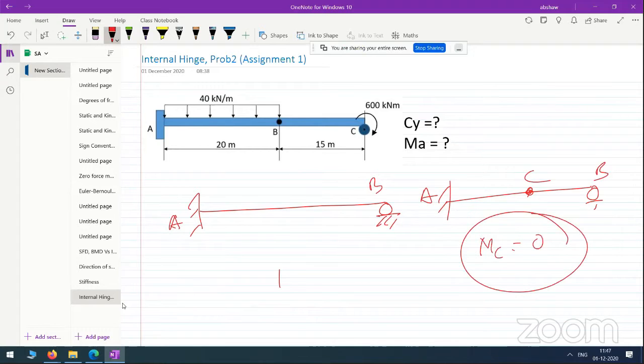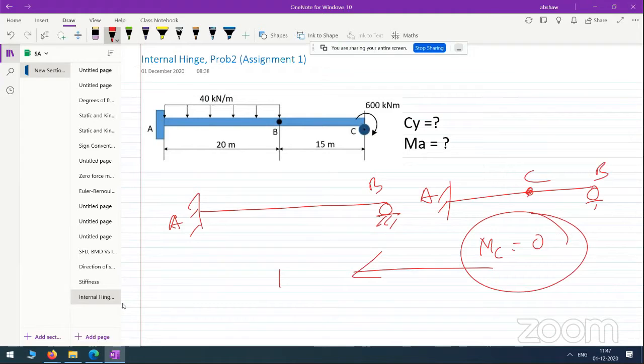So this gives you an additional equation. In some examples, you have to break the problem, draw the free body diagram and solve it. You may not have to break the problem, just apply the equation MC equal to 0. It depends on the problem you are solving. The hinge gives you an additional equation, which can be used to determine the additional unknown.